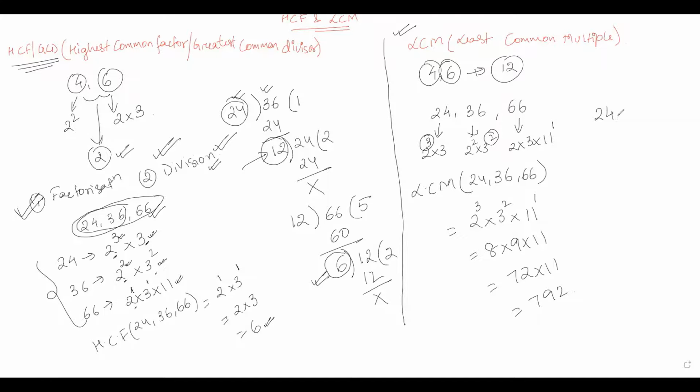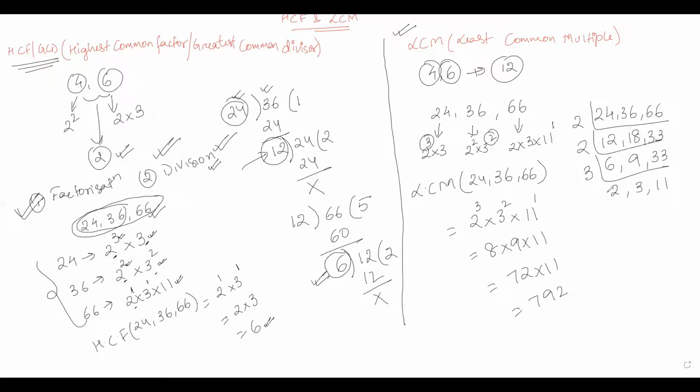There is one more way of calculating the LCM. Just write all the numbers here, 24, 36 and 66, and try to factorize them. So this would be 2 times 12, 2 times 18, 2 times 33. So this would be 2 times 6 again, 2 times 9, and this would be 33. Again, I can divide it by 3. So try to take the common elements here. So this is 3 2s are 6, 3 3s are 9, 3 times 11.